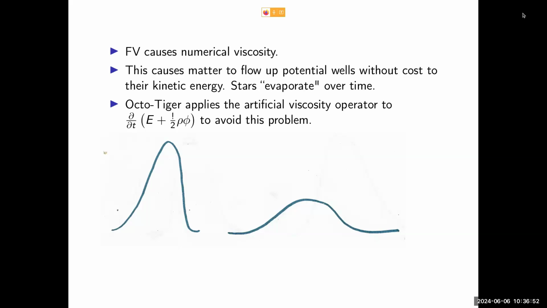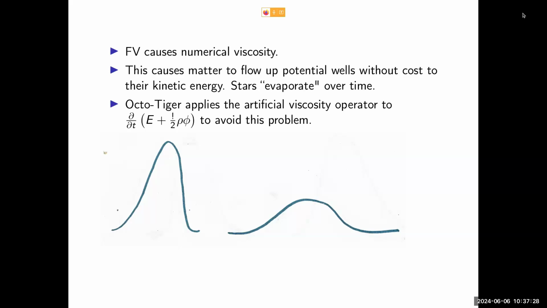So with the finite volume scheme, at the edge of the star, you have numerical viscosity that's going to be high just because of that discontinuity in slope, and it causes mass to be unphysically moved out of the star, away from the star. But when you do that, you increase the gravitational potential, and you added energy to the system.